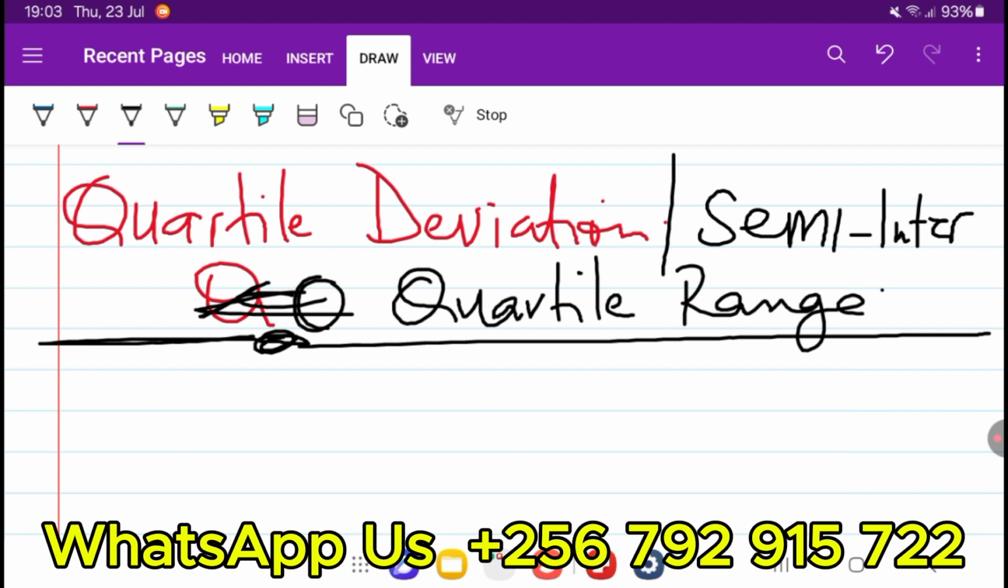And of course we understood that the quartile deviations, they are positional and absolute measures of dispersion.